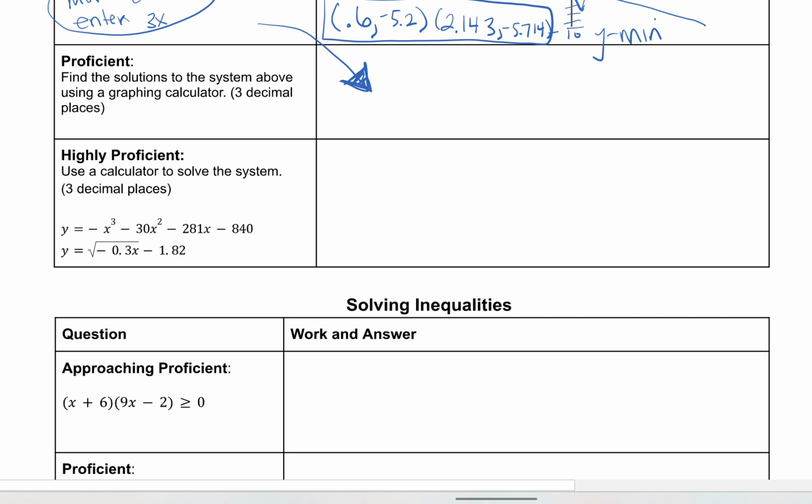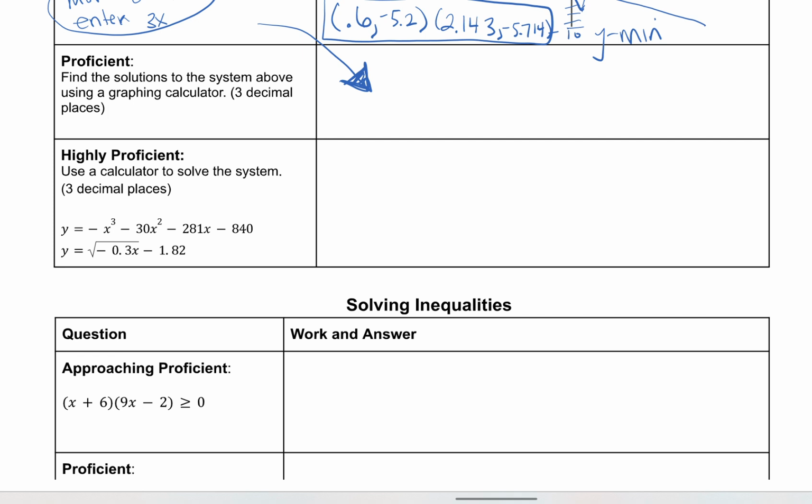Okay, so in highly proficient, I'm going to graph this equation, negative x cubed minus 30x squared minus 281x minus 840. And then I'm going to go down here and do the square root of negative 0.3x, and go out of the square root, minus 1.82.